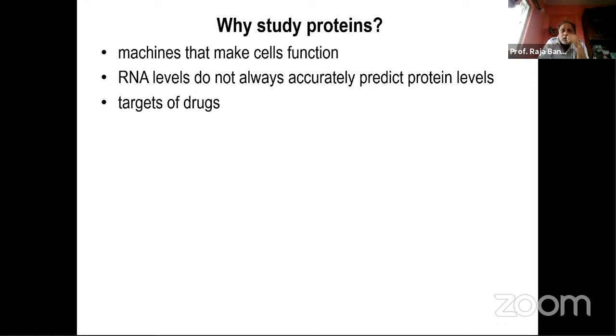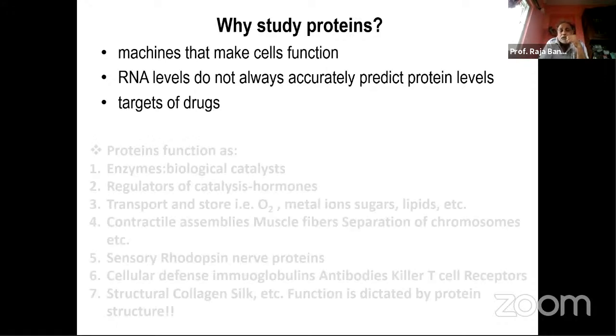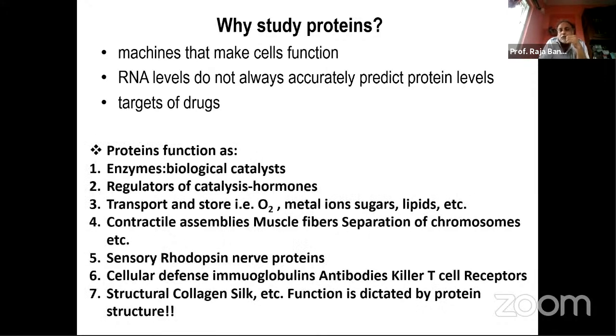So why are we interested in protein? Because it does the function. What kind of functions? Everyone knows that they act as biological catalysts called enzymes. They are important for transport of oxygen. They are accumulating different information. They occur as cellular defense.